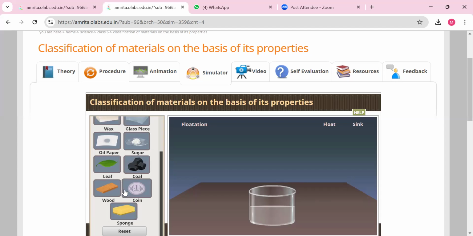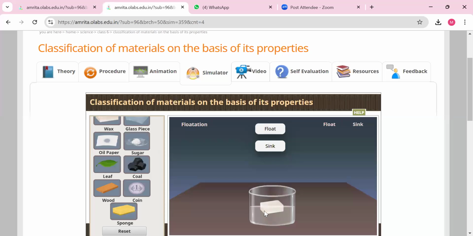With the help of these materials, I am going to show the characteristics. First, I am choosing flotation. So, this is wax.